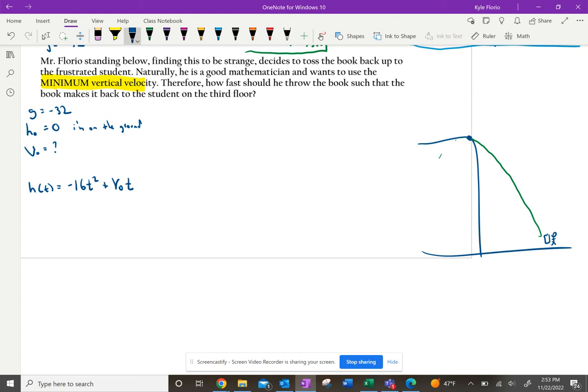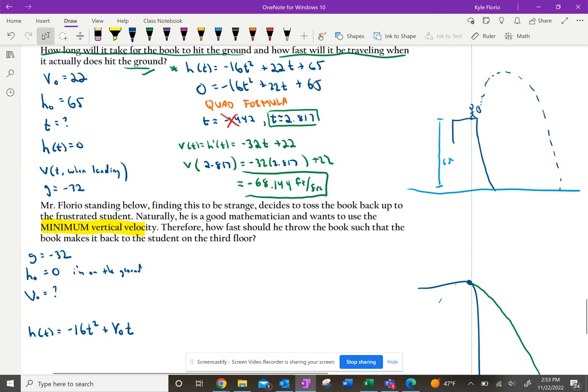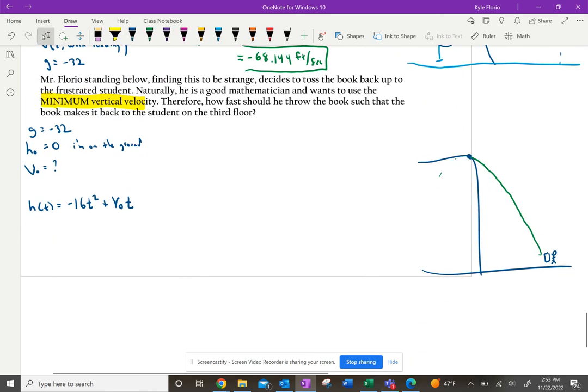Well, I want my height to hit 65. This is the height of the building. So we want the height to be 65, so I can set this equal to 65.